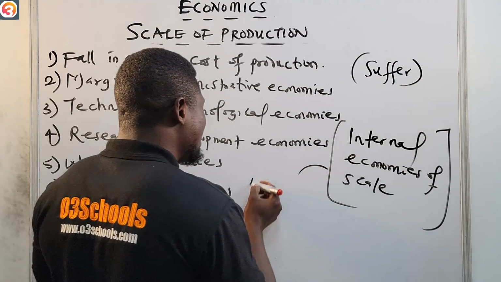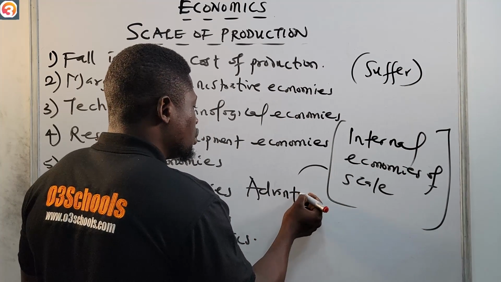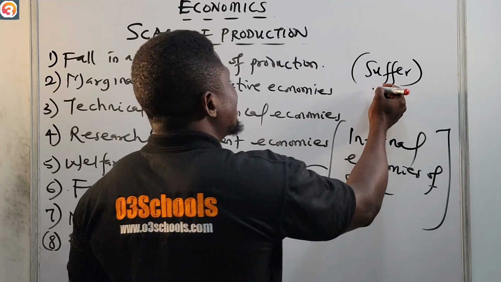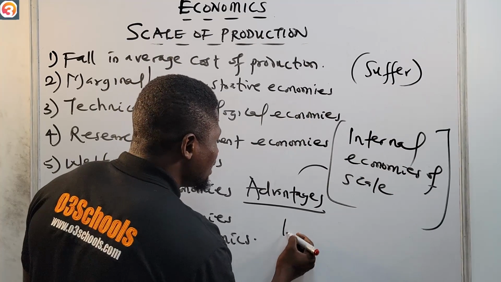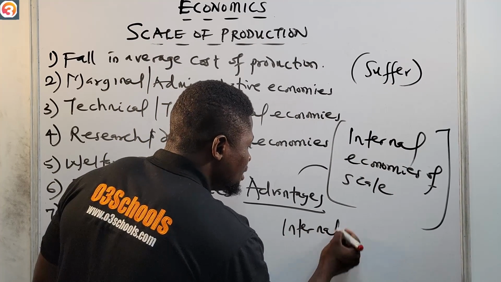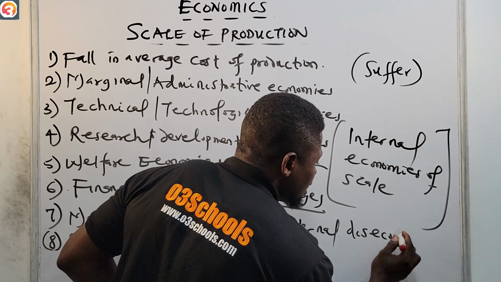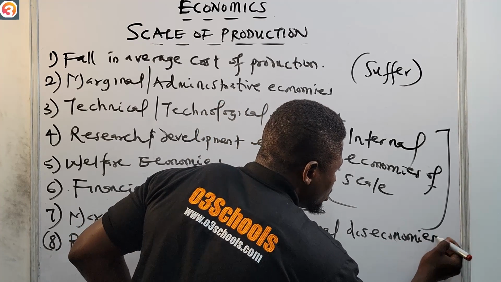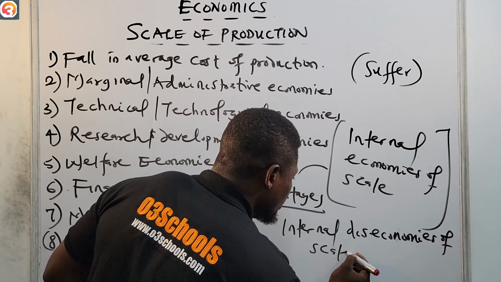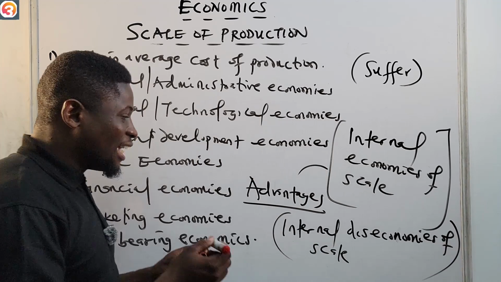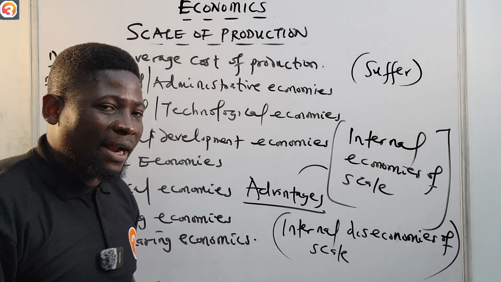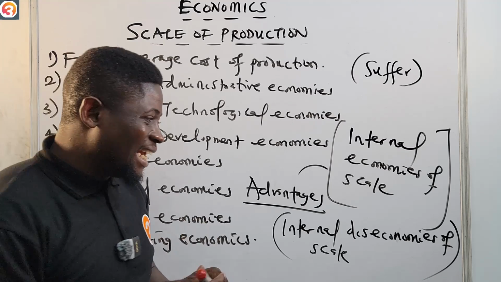This one is advantages. This one is disadvantages. We call it internal diseconomies of scale. Please take note. These are the disadvantages that large firms suffer when they operate on a large scale.